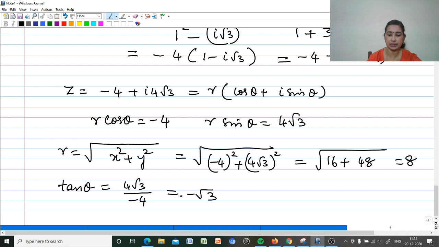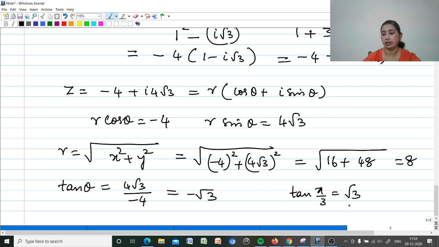No need of taking this negative sign. Tan theta is equal to root 3. So theta we are getting as pi by 3, because tan 60 is root 3, or tan pi by 3 is root 3.